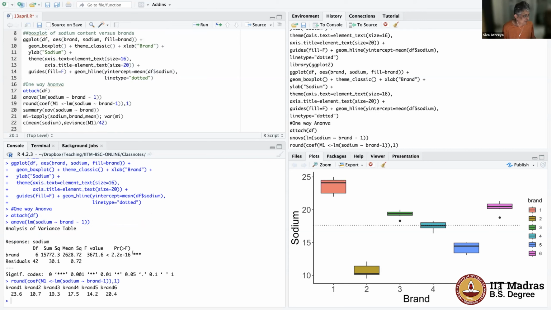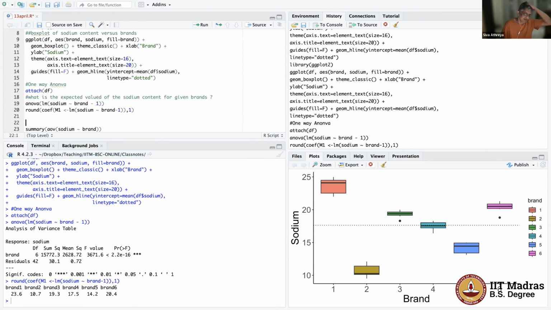So now the first part tells you what the expected value of the sodium content is for a given brand. The ANOVA tells you that you should reject the hypothesis that they're all the same. It's clear. Then this mean command tells you that the expected value of each brand is like this: 23.6, 10.7, 19.3, and so on.